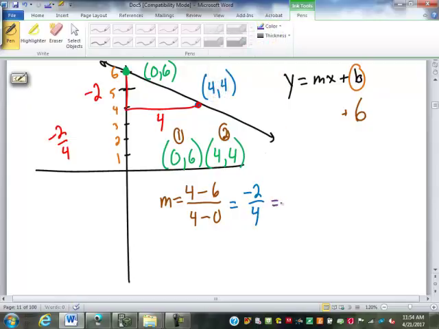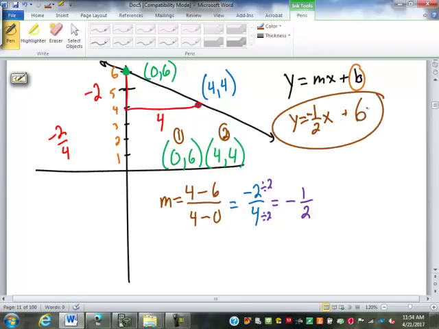So we reduce that, both 4 and 2 divided by 2, so a -1/2. So y equals, the slope is a -1/2 x plus 6.